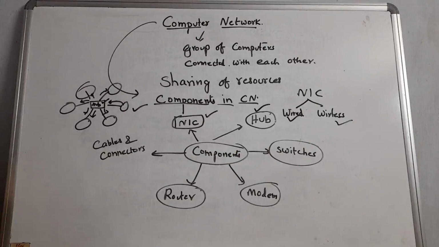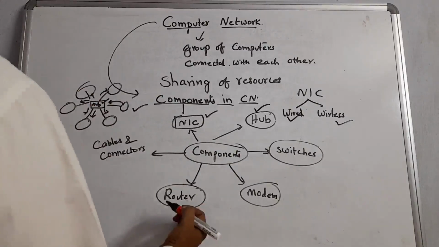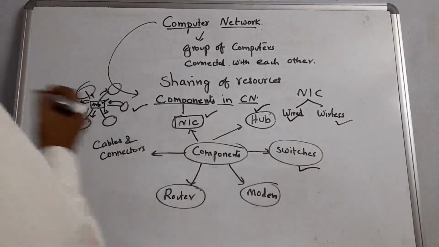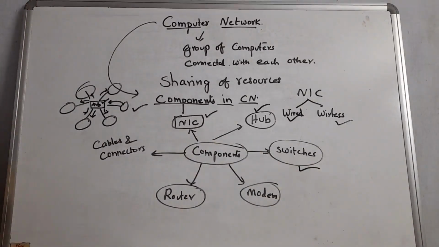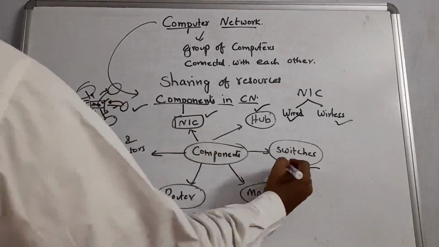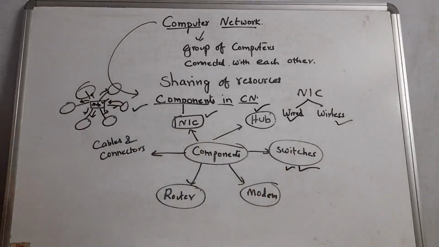The next component we have is a switch. A switch is also a networking device that groups all the devices over the network to transfer the data to another device. The hub and switch both look very similar, but a switch is better than a hub as it does not broadcast the message over the network. It sends the message to the device for which it belongs.